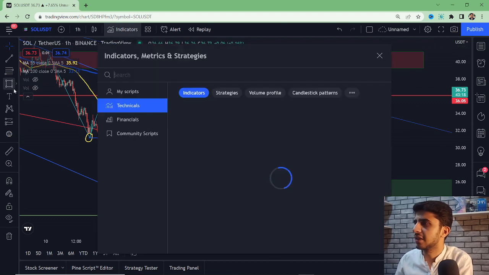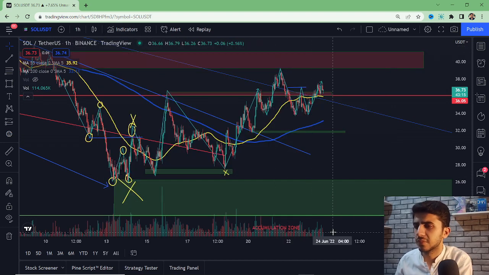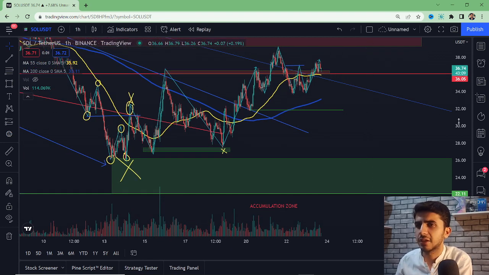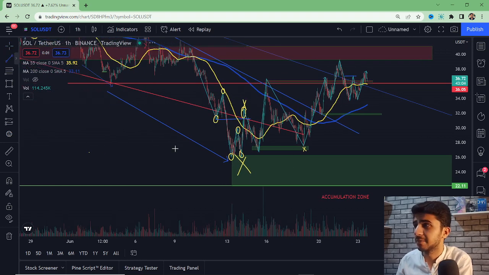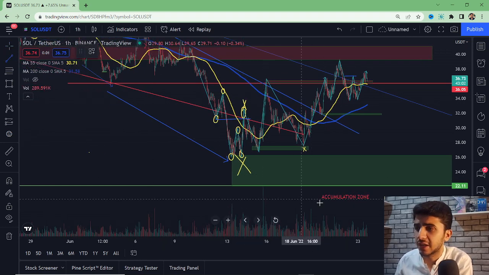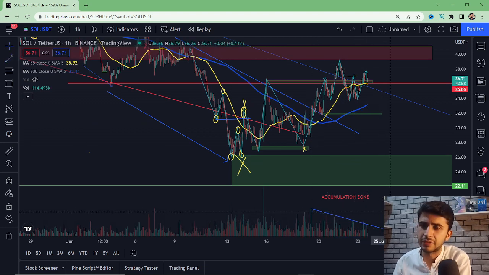Okay, I want to check the volume. What do we have in the volume? Well, volume is still showing bearish divergence, and I believe that the prices are going to fall. Well, this is my personal opinion, but I think they are going to fall because we have seen this divergence.